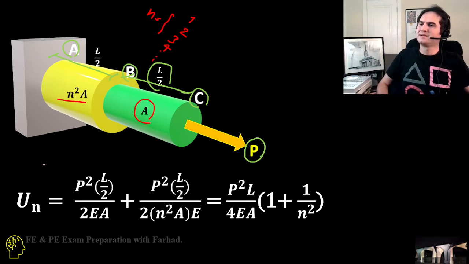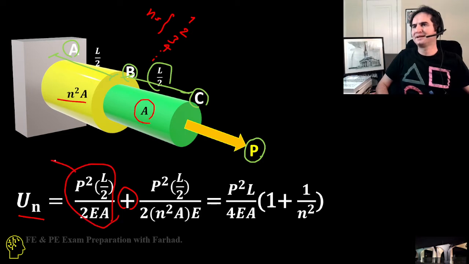So in that case, U_n, if you calculate it for different n, is equal to P squared times L over 2 times 2EA, that's the U for A to B, plus the other part, P squared times the other half over 2 times n squared times area times modulus of elasticity.